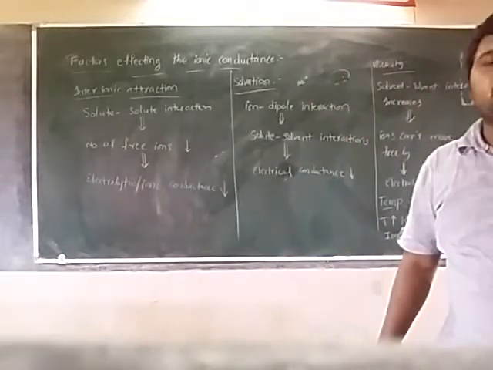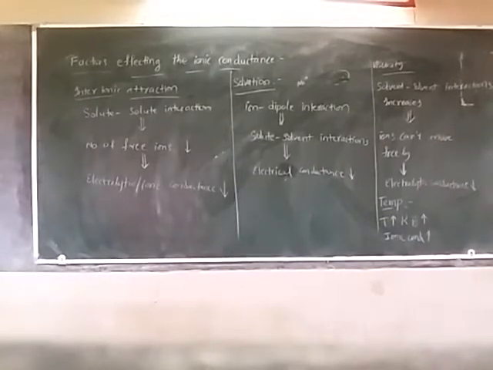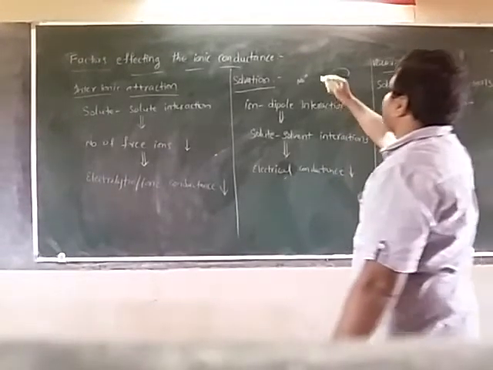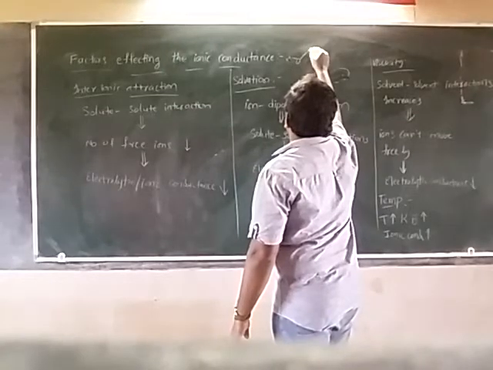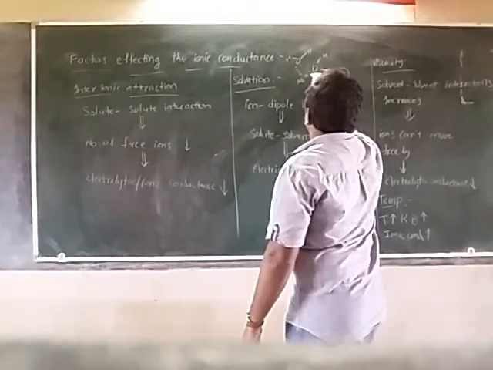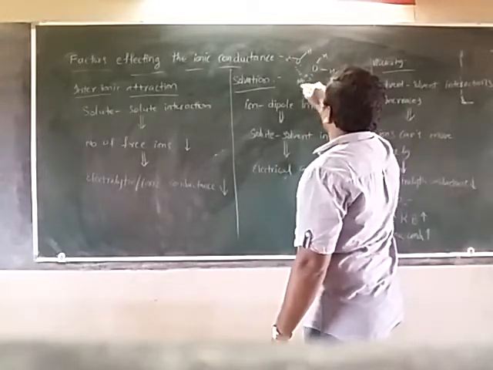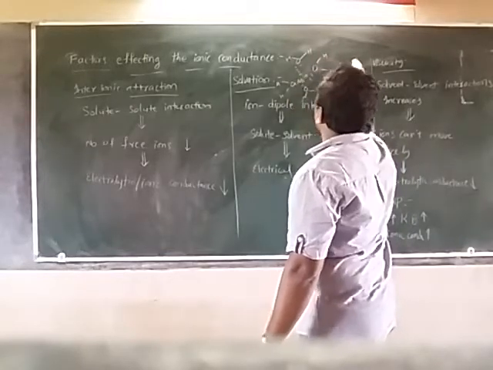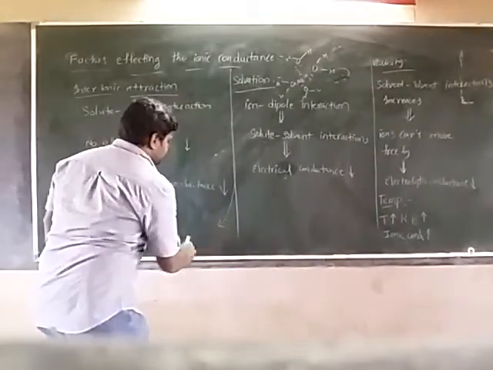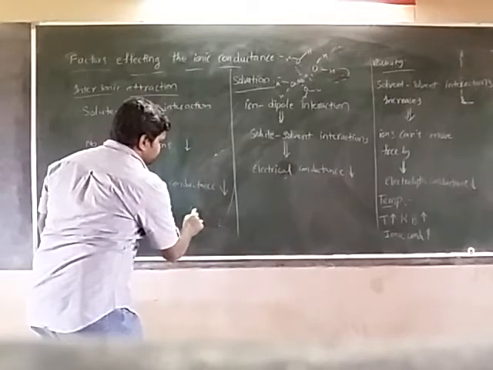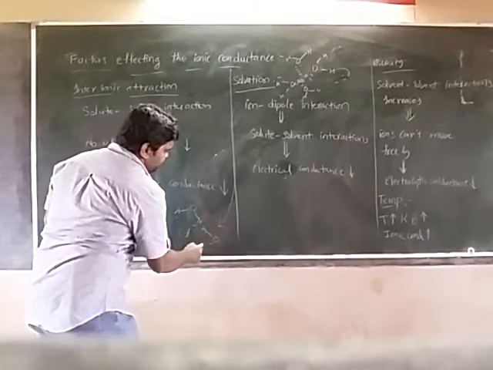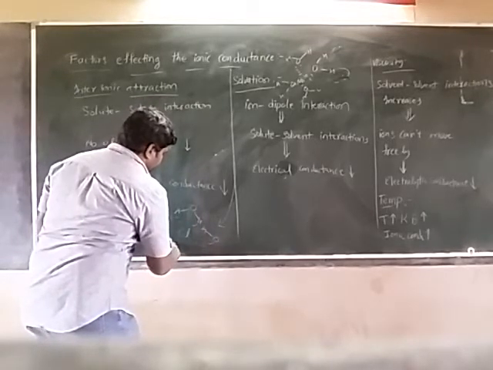It is surrounded by water molecules, the solvent. Similarly, a Cl minus ion is surrounded by water molecules.